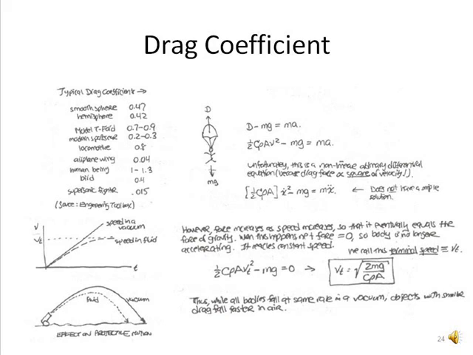And this will occur when v sub t is equal to the square root of 2mg over the drag coefficient times the density times the cross-sectional area. This dependence on the area is important because this is largely the principle behind the parachute, which essentially sets up a large surface area which increases the force of drag and allows the parachutist to reach the terminal velocity sooner.